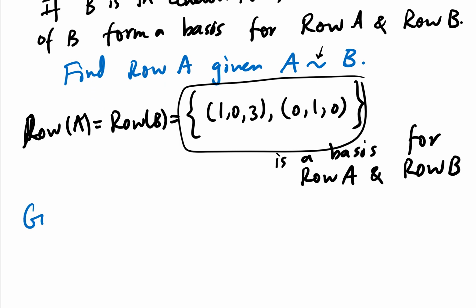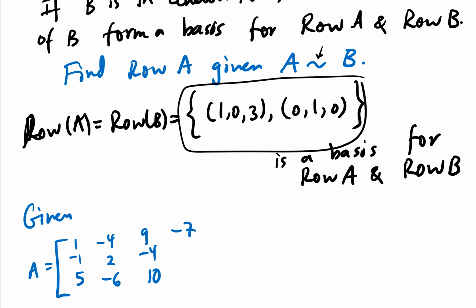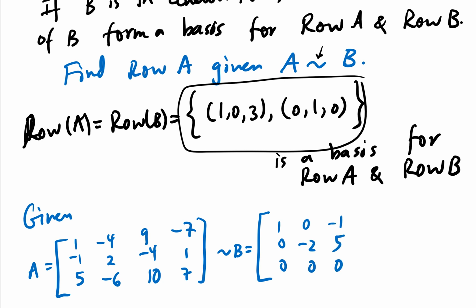So let's look at another example. Matrix A: 1, -1, 5; -4, 2, -6; 9, -4, 10; -7, 1, 7. This is equivalent to matrix B that I'm going to give you: 1, 0, 0; 0, -2, 0; -1, 5, 0; 5, -6, 0.